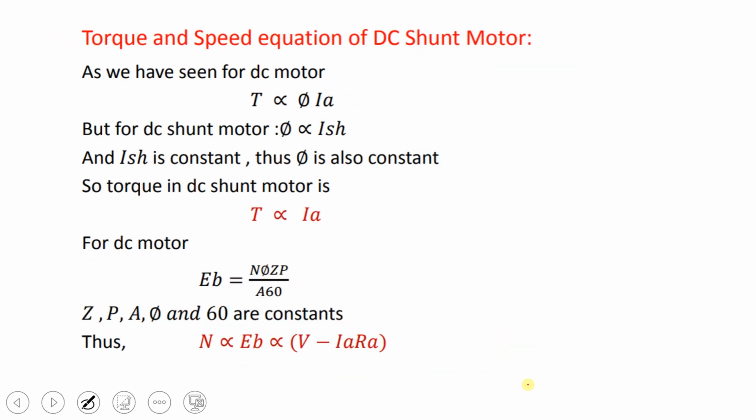Then the torque and speed equation of the DC shunt motor. T is directly proportional to phi Ia, as we have seen in the previous slide. But in the DC shunt motor, phi is directly proportional to the shunt current ISH, which is constant. Therefore, phi is also constant. So torque in the DC shunt motor can be written as T is directly proportional to Ia, the armature current.